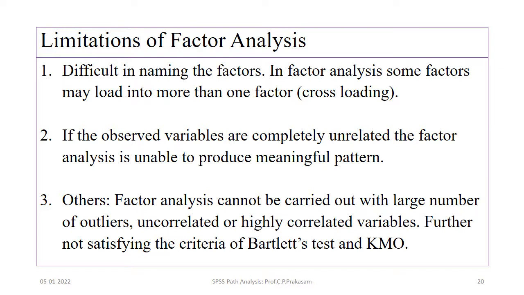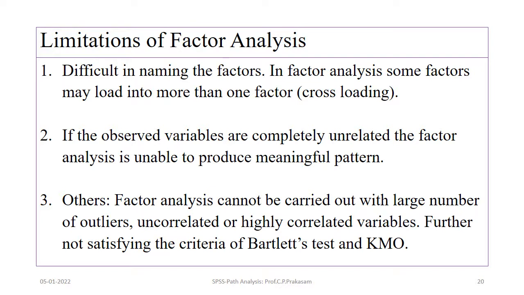One solution for this cross loading is that instead of the Varimax method, they can use another rotation method and see whether the cross loadings are eliminated or not. If not eliminated, then they have to go back to the correlation, and then see the residuals, outliers, and all these things. You have to check your data and revise it against all the assumptions.